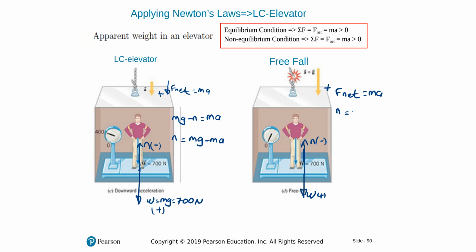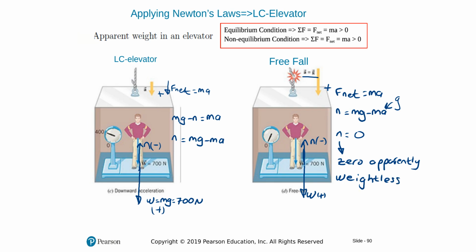So my N will still be mg minus ma. And when I insert g here, a is equal to g, I'll have N is equal to 0. That means I have 0 apparent weight. So apparently I am weightless. Apparently, not really. Alright, these were some questions for you. Practice and you'll be doing good with the Newton's laws.